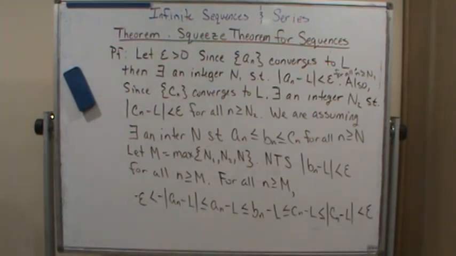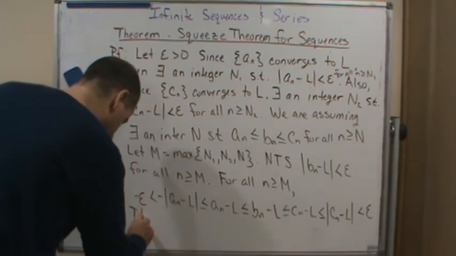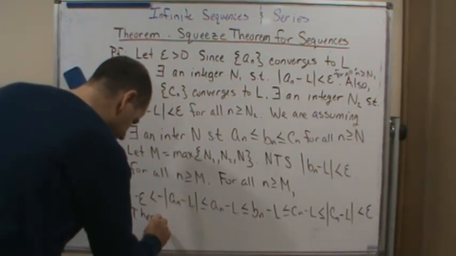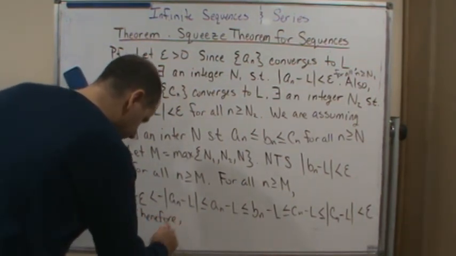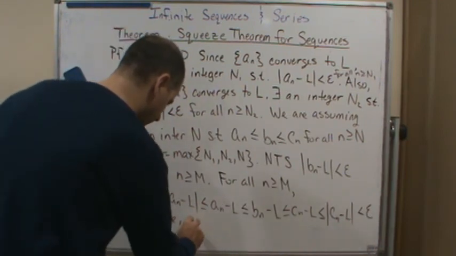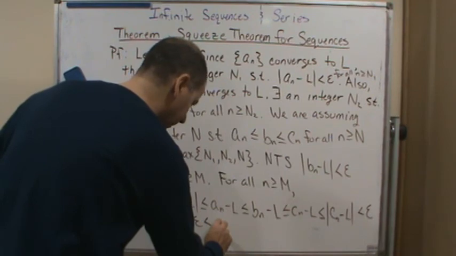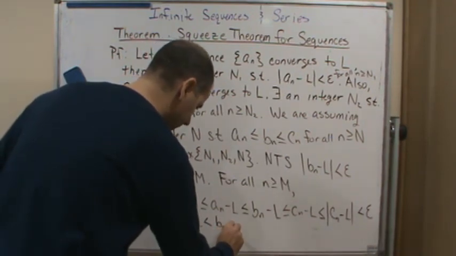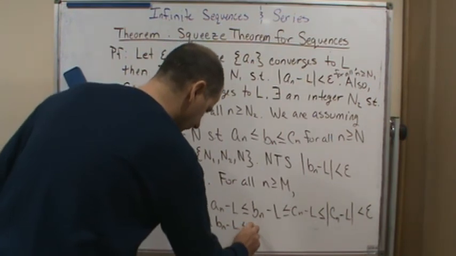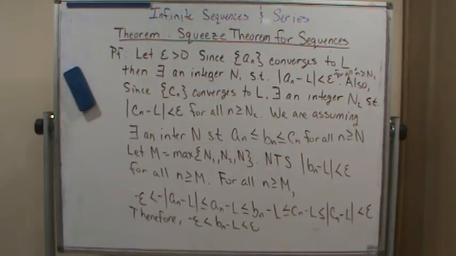So that's our next thing. So therefore, negative epsilon is less than b sub n minus L, which is less than epsilon.